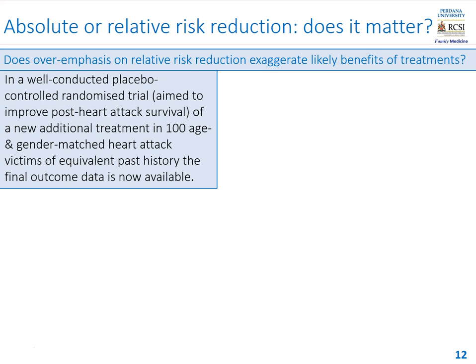Let's look at a study that was done on patients who are in the coronary care unit, have just had an acute myocardial infarction, and their background medication would be a combination of antiplatelet drug like aspirin, clopidogrel, beta blocker, ACE inhibitor, and statin. Now, this drug that is under scrutiny in this randomized controlled trial is a drug that would aim to improve survival in addition to the effects of these four drug groups.